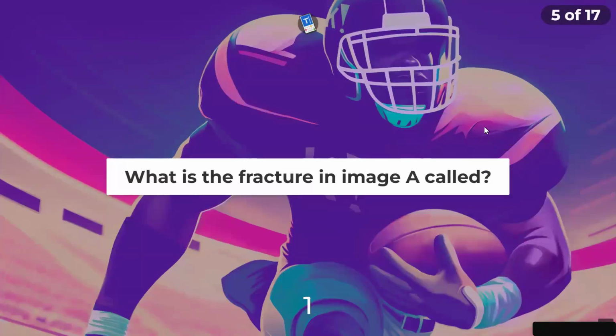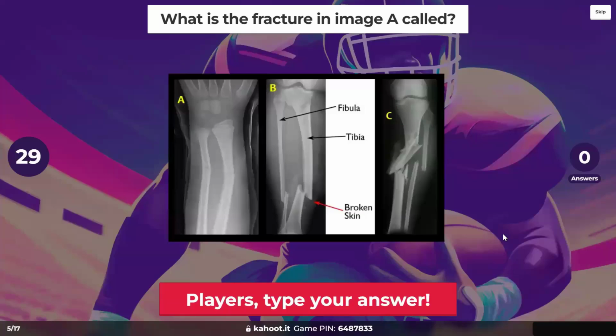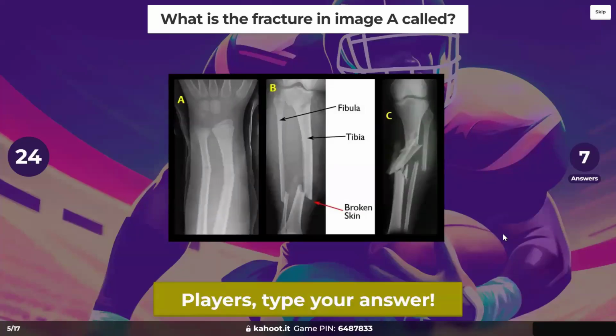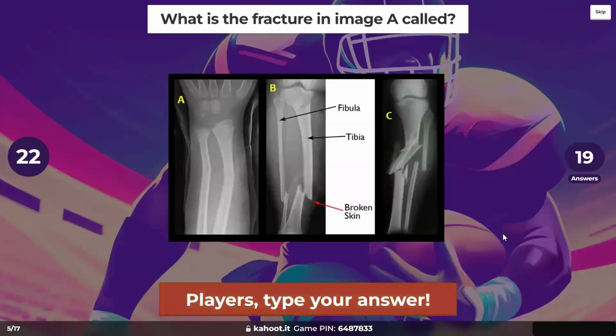All right, what about image A? What do you call it? Now you got to type it in. Oh no. Young patient, undeveloped carpals, open growth plate.